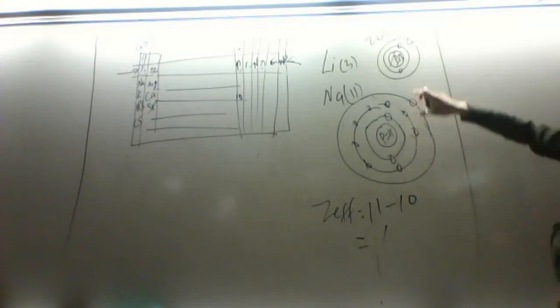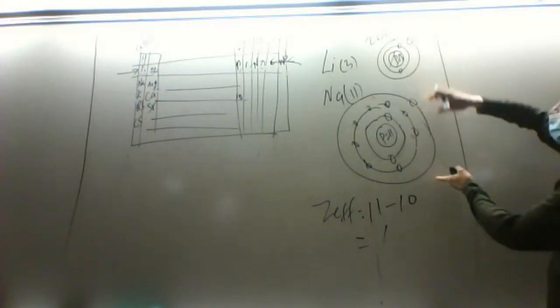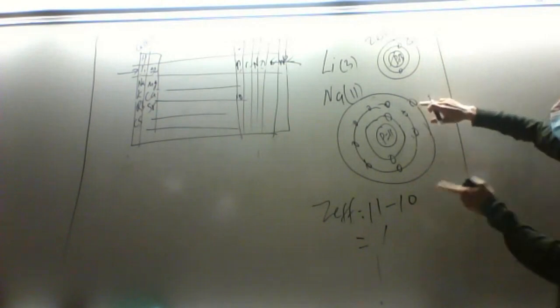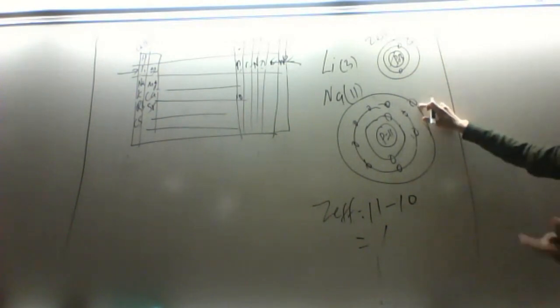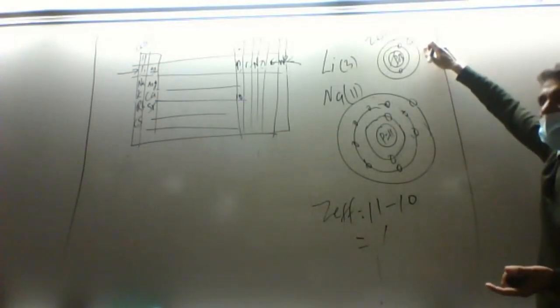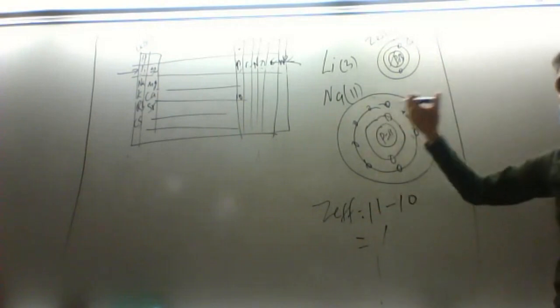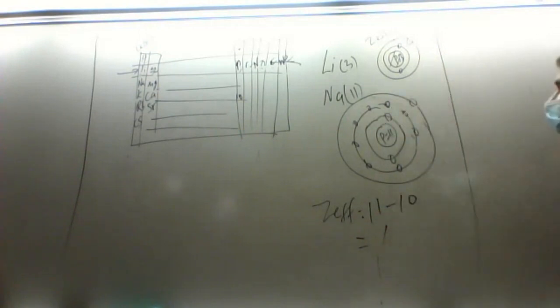So what we should say is that although the same effective nuclear charge is experienced by this electron here, this electron is being added to which orbit? Third orbit. But here there is no third orbit, it is the second orbit, right? So the size of the third orbit is too big.